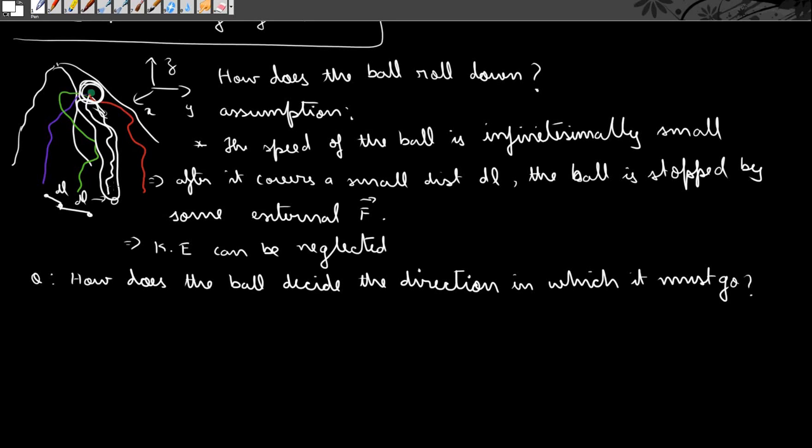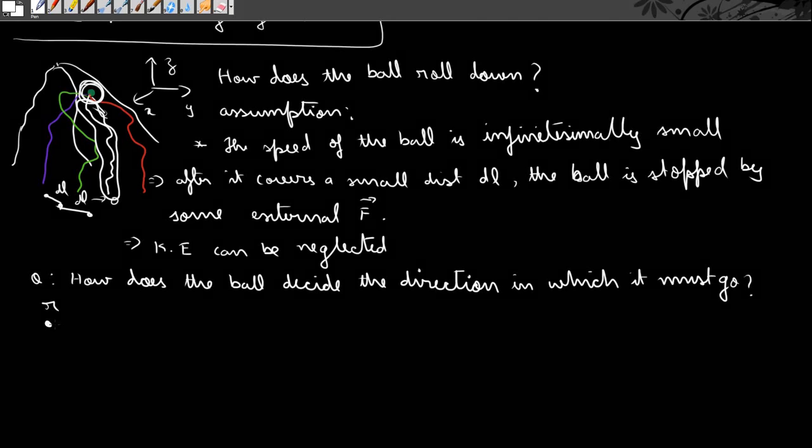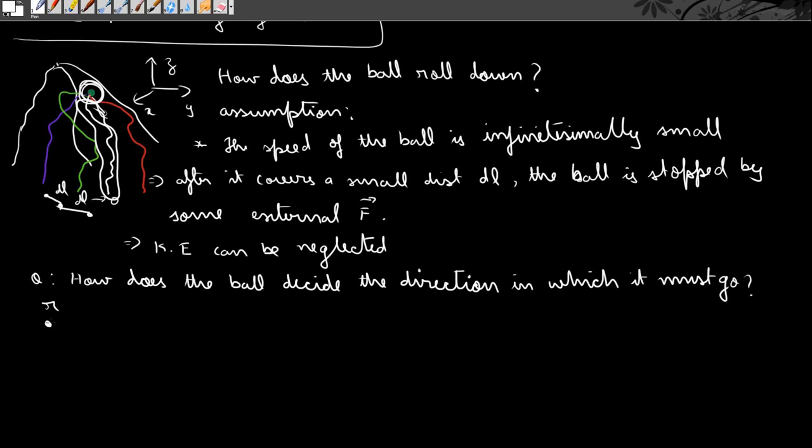So for this, let us consider that as the ball rolls down, it has come to a particular position. Let's call this position R. Now from this position, it can go in various different directions, which I'm going to denote this way.